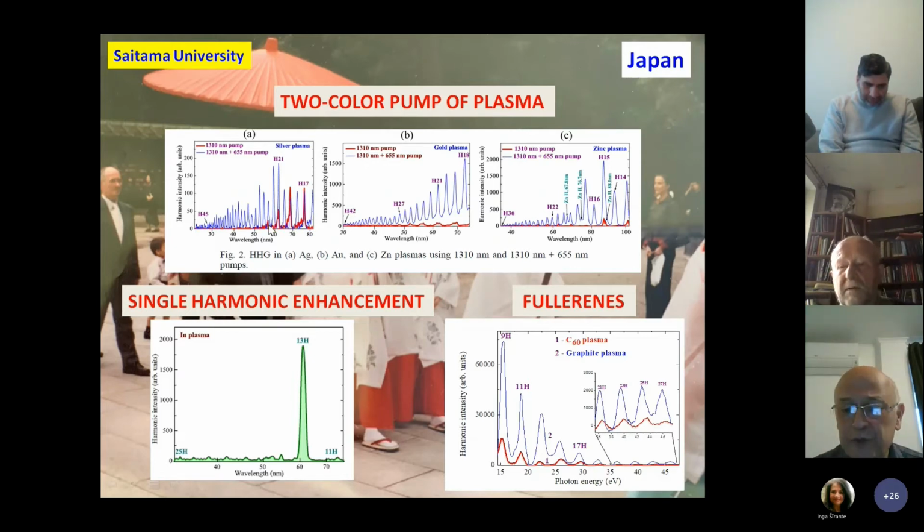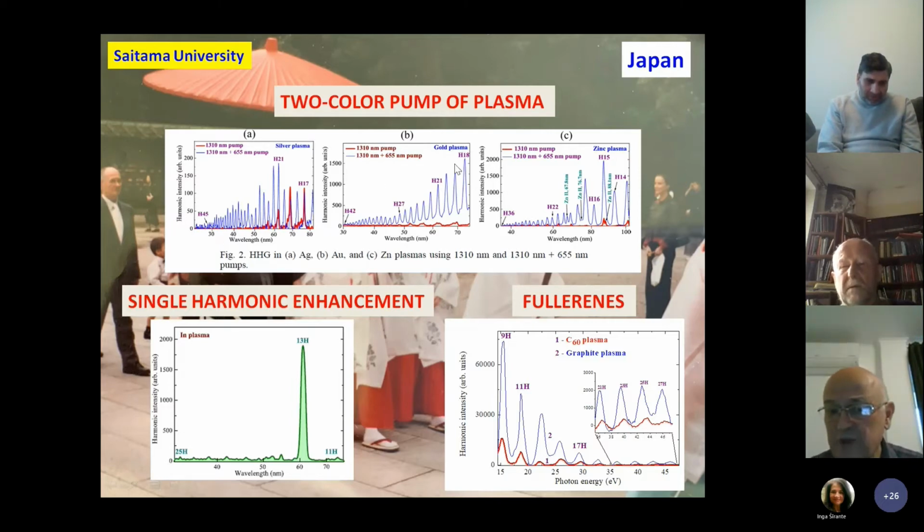But once we put, instead of a single-color pump, in that case 1310 nanometer radiation, this radiation plus its harmonic, it significantly broadened the spectrum, extended the spectrum, and created a range of harmonics up to 20 nanometers.